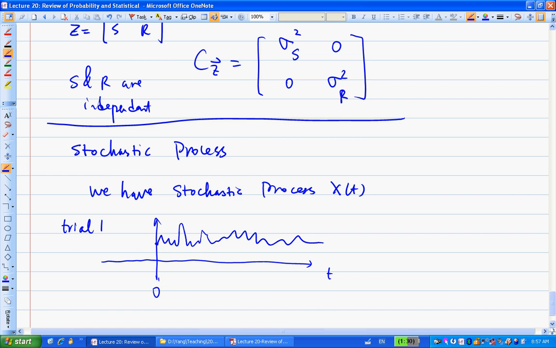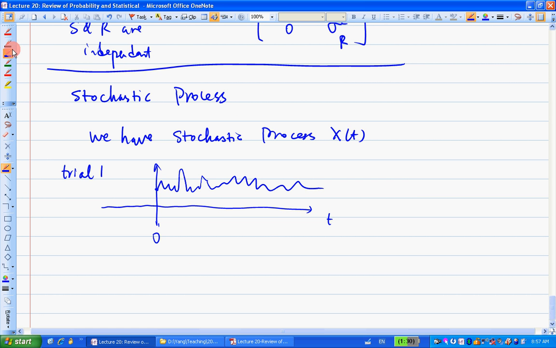Now, if you have a second trial with the same initial condition, let's say I have a process that has no noise, it's clean.